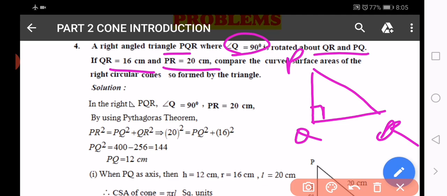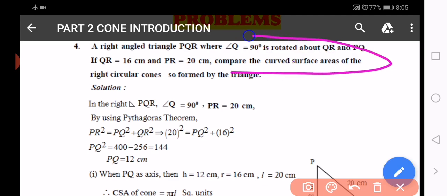So in the sum, which one is asked? Compare the curved surface areas of two right circular cones. That means we want to find the CSA of two cones. That means it is rotated about QR and PQ.